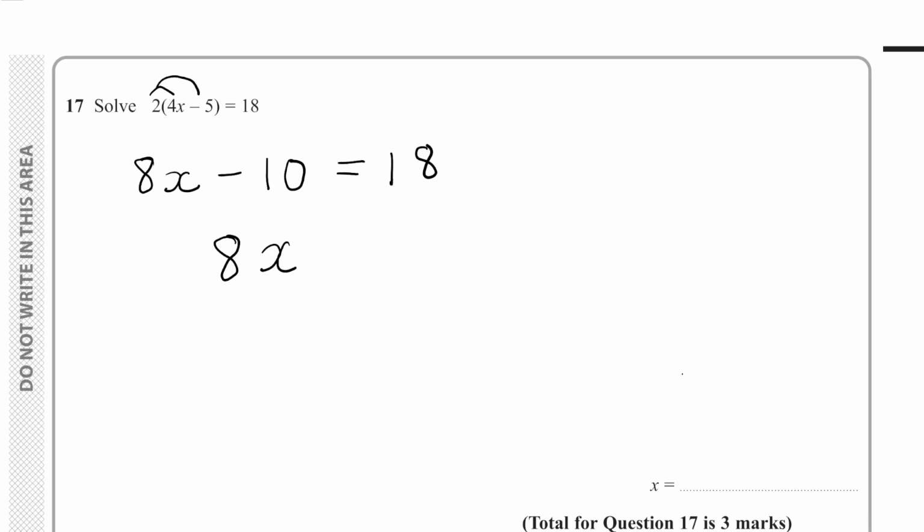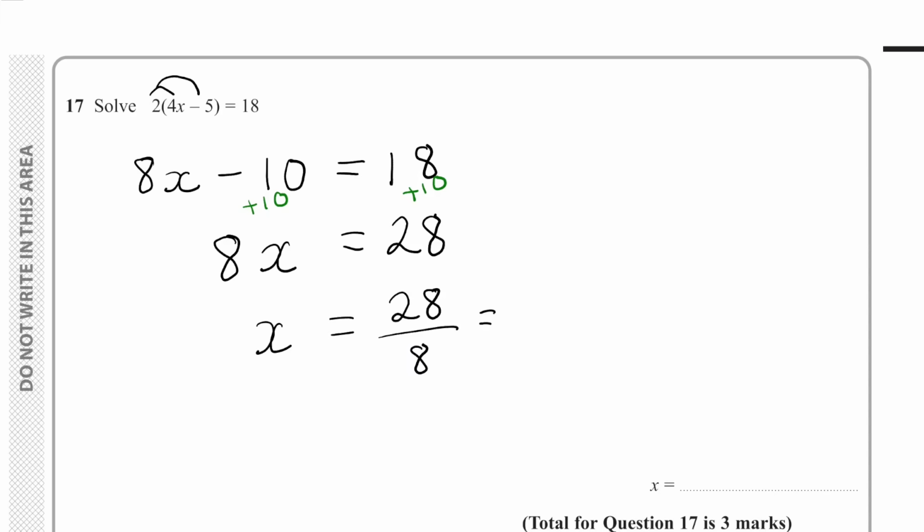So 8x is going to be 28. If I add 10 to this side, I get rid of the minus 10. And if I add 10 to this side, I get 28. So x is going to be whatever 28 divided by 8 is. That's the same as 14 over 4 or 7 over 2, which is 3.5. So x is 3.5.